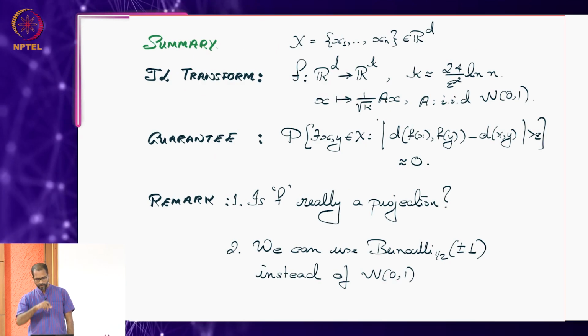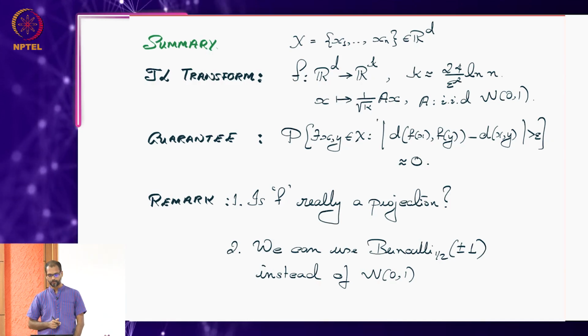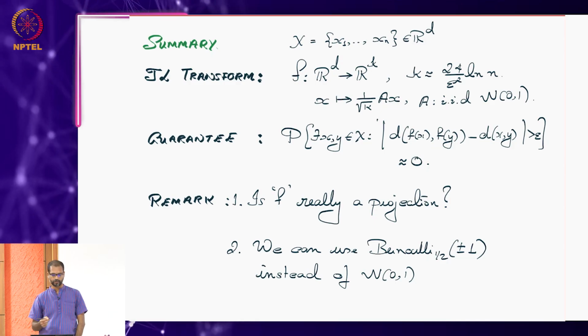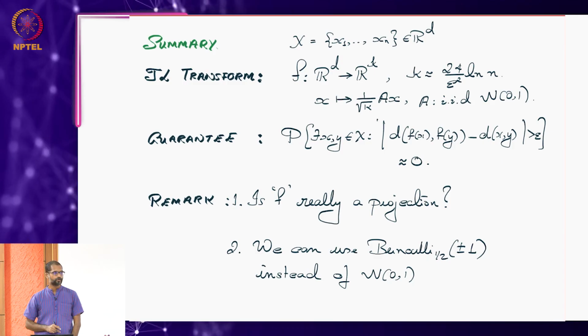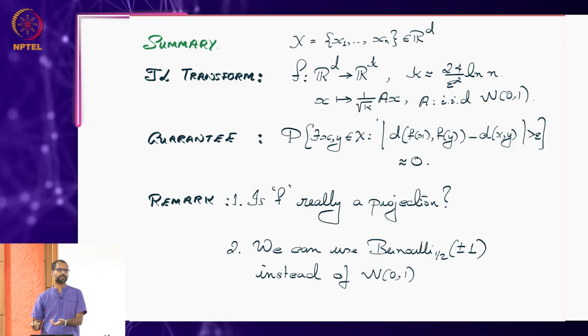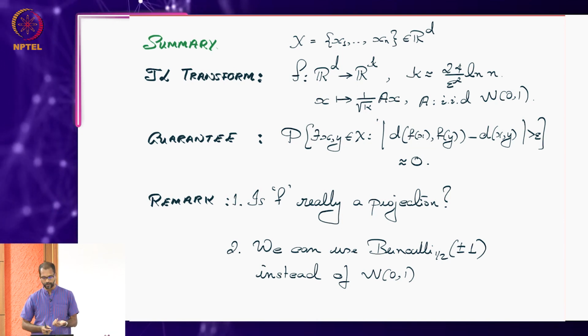So, this is the last slide for today. In summary, you start with n data points x1 to xn in a d-dimensional space, and it is almost like a magician's trick. You do not even look at your data points, you just pull out a random mapping. How do you construct this random mapping?